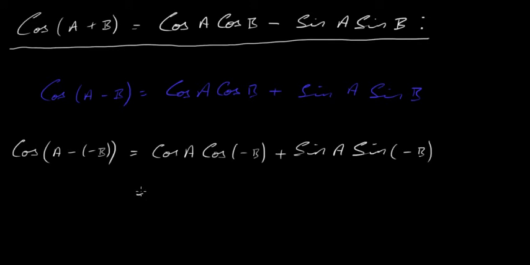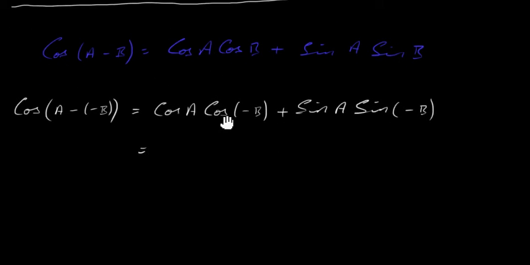Now, if I do the right hand side here, you should remember that the cos of minus B is the same as the cos of plus B, because if you have your four quadrants here, this is quadrant 1, 2, 3 and 4. If you've got an angle in quadrant 1, let's say B is here, minus B then is going to be down here.